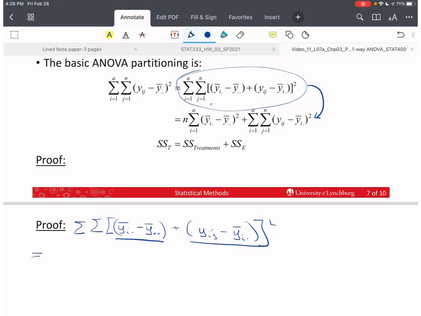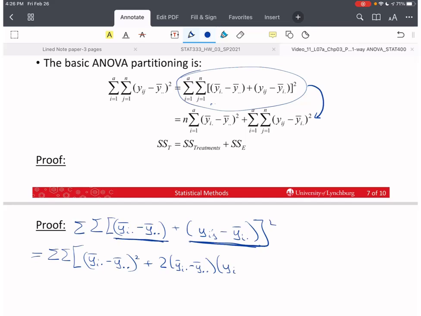becomes, we'll keep the double sum, and we'll say yi dot bar minus y dot dot bar quantity squared plus 2 times yi dot bar minus y dot dot bar times the second term. So 2 times the first term times the second term.